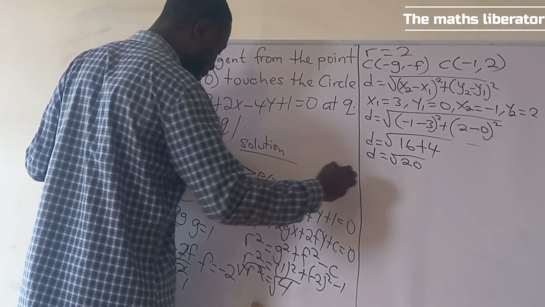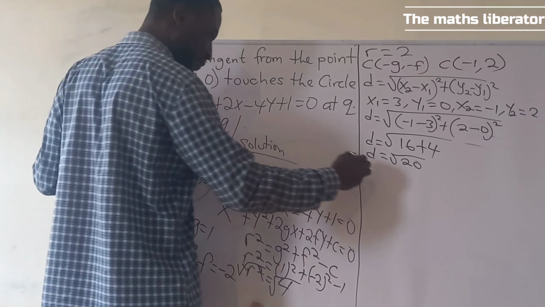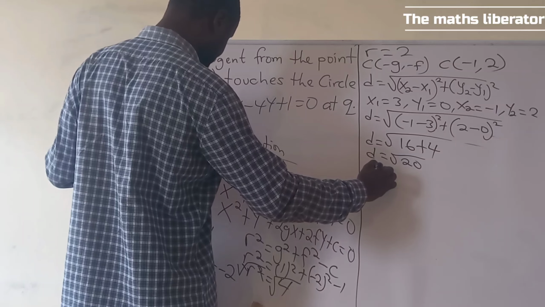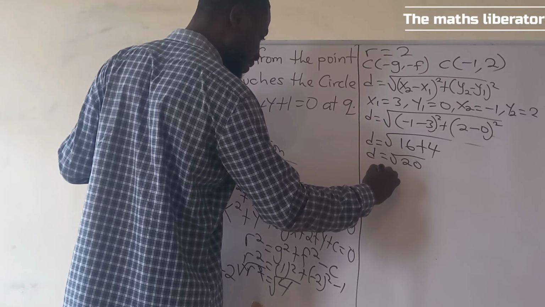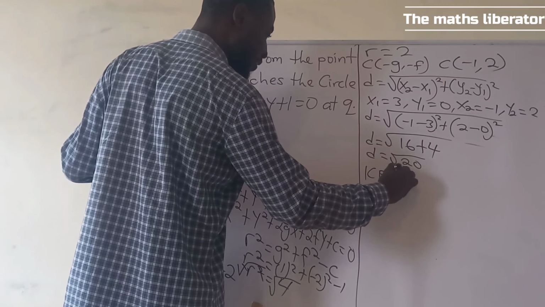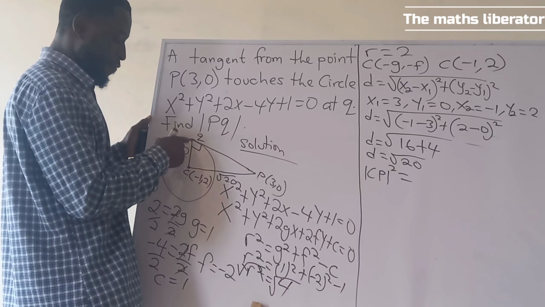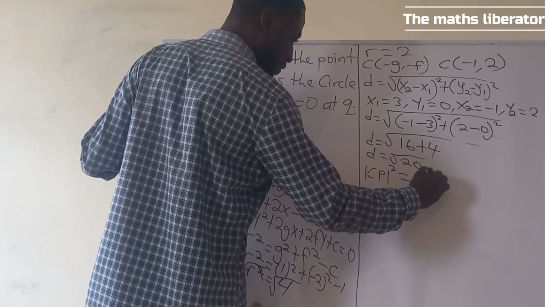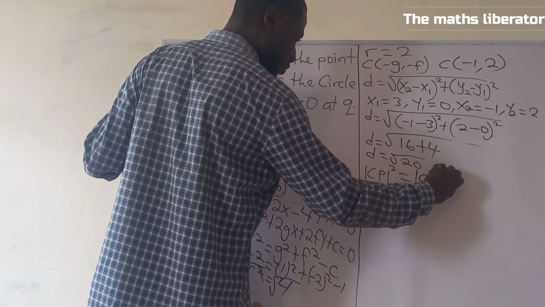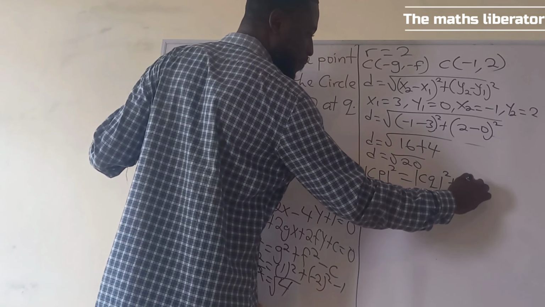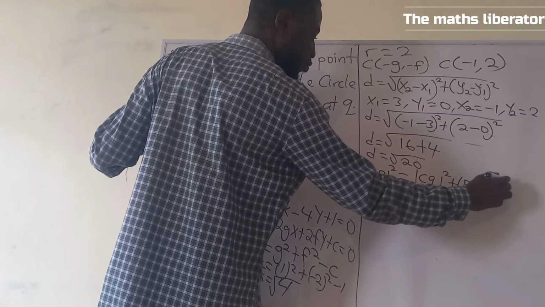So hypotenuse squared, length CP squared, equals length CQ squared plus length PQ squared.